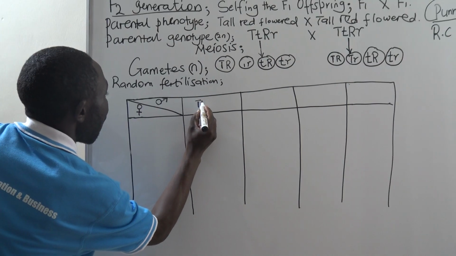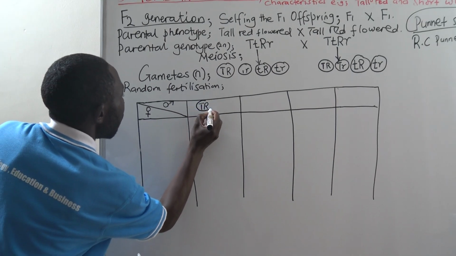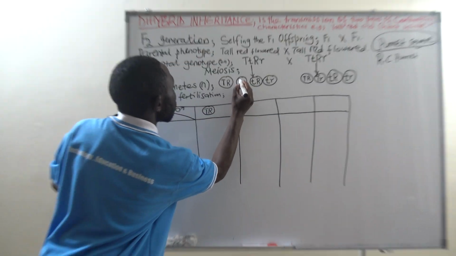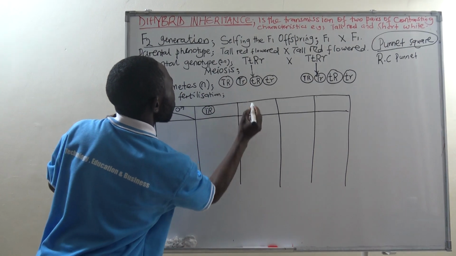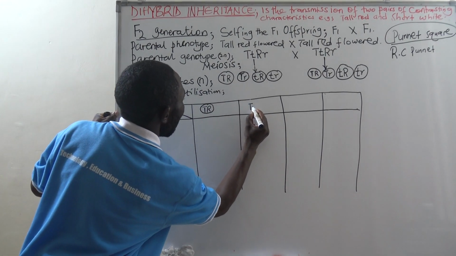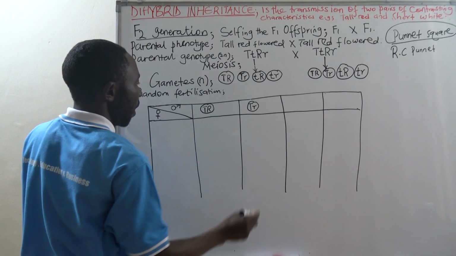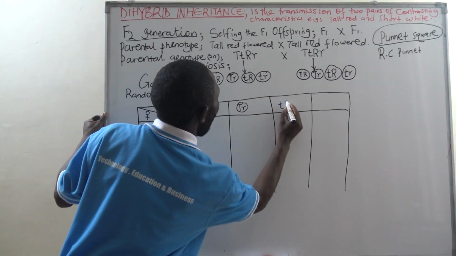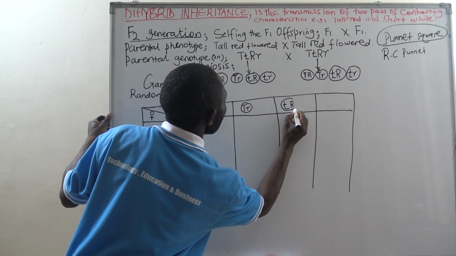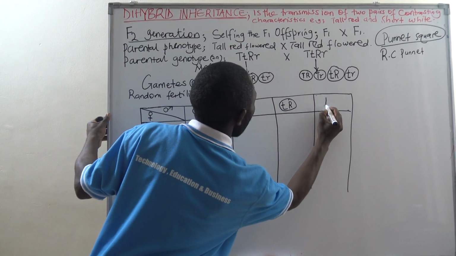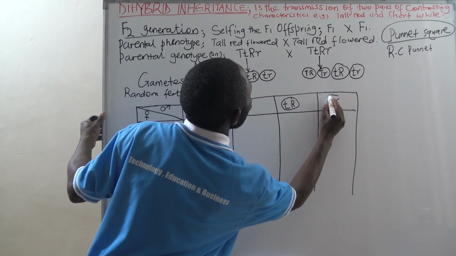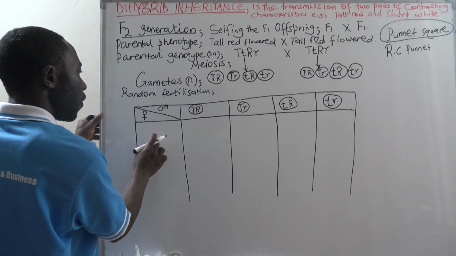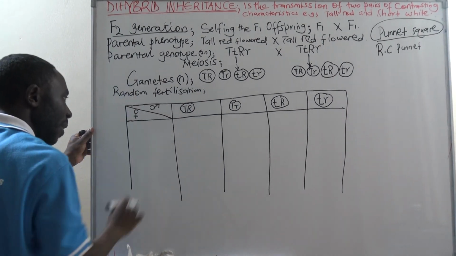We have TR, then this one is capital T also, TR, then small t, capital R, and then small t, small r. Then female gametes, we shall have the same.